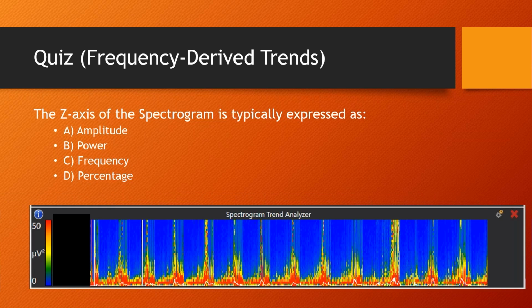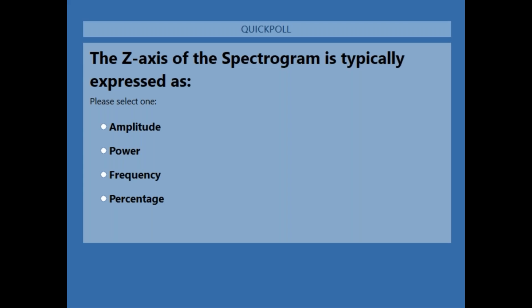And finally, the z-axis. I mentioned the spectrogram is the only one that's a 3D trend, so to speak. The z-axis of the spectrogram is typically expressed as, Lori, please go to the next poll. The z-axis is typically expressed as A, amplitude, B, power, C, frequency, or D, percentage.